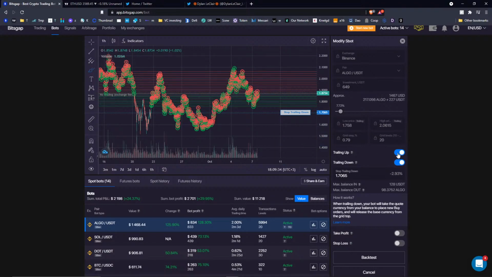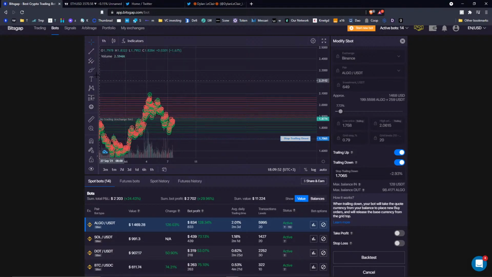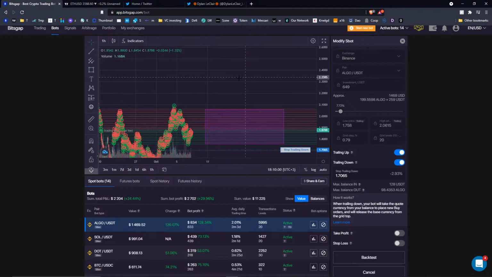With the trading up, basically I would say in my case, I always make sure that I have the trading up feature on, because basically it enables my bot to move the whole grid setup, well, the trading range in other words, with the price rally.